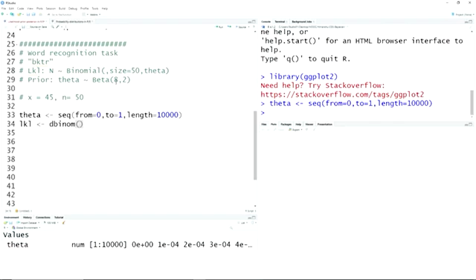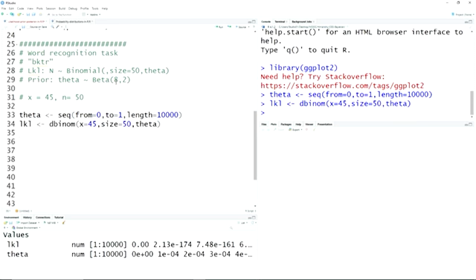It should take my data, which is x equals 45, with size 50. The data is fixed. Now theta is a vector, so it will calculate a likelihood for each value of theta given this data. So this is how I can calculate the likelihood.